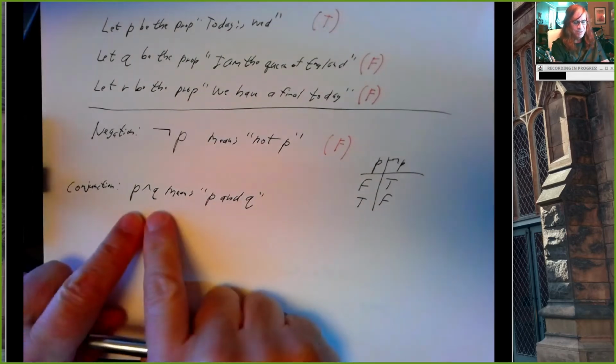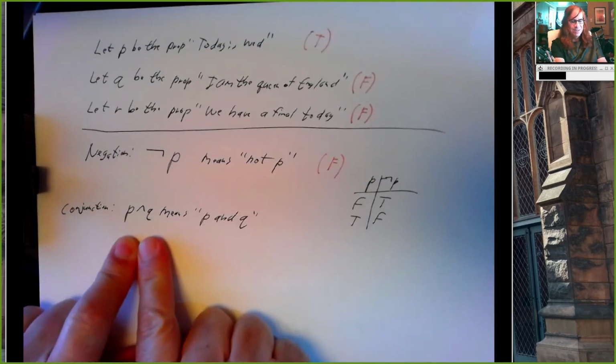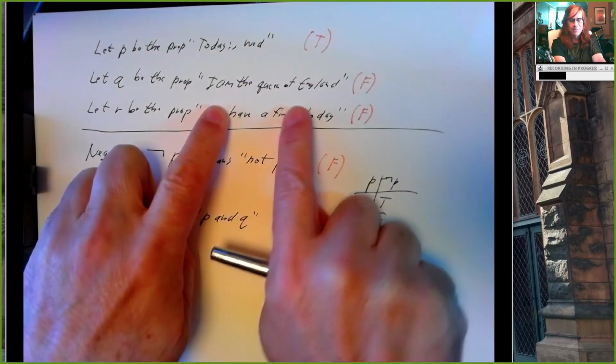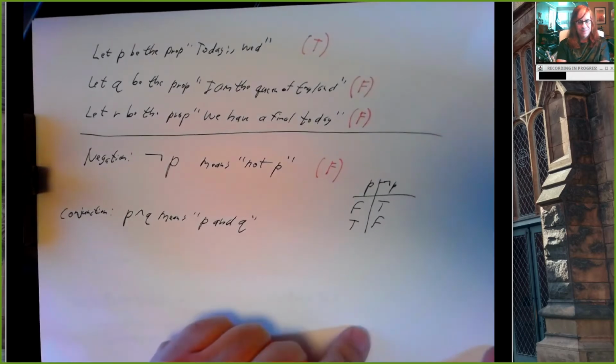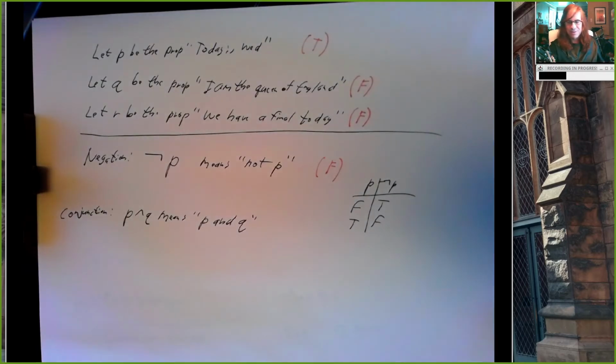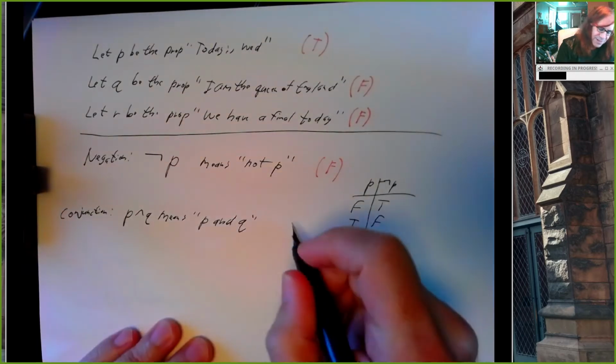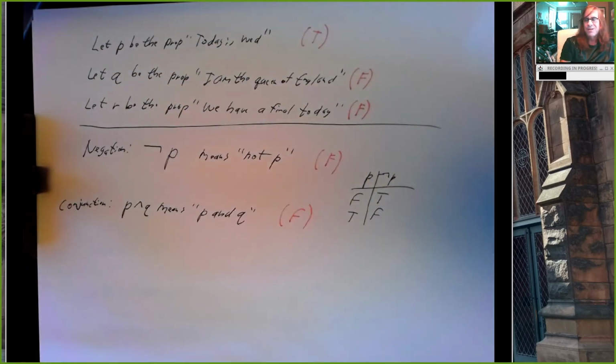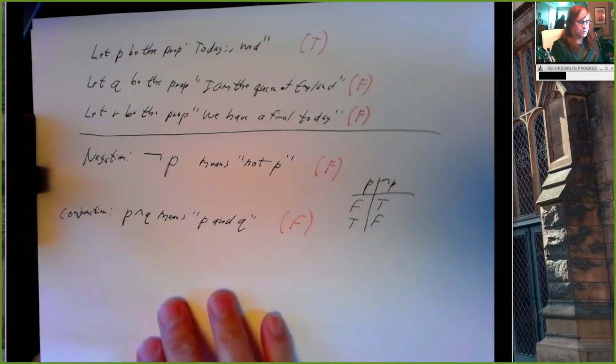So the conjunction of P and Q is a new proposition. What does this proposition say? Today is Wednesday, and I'm the Queen of England. And that new proposition has a truth value which is false. Because, yeah, today is Wednesday, but I'm not the Queen of England, so I can't say that both of those are true.